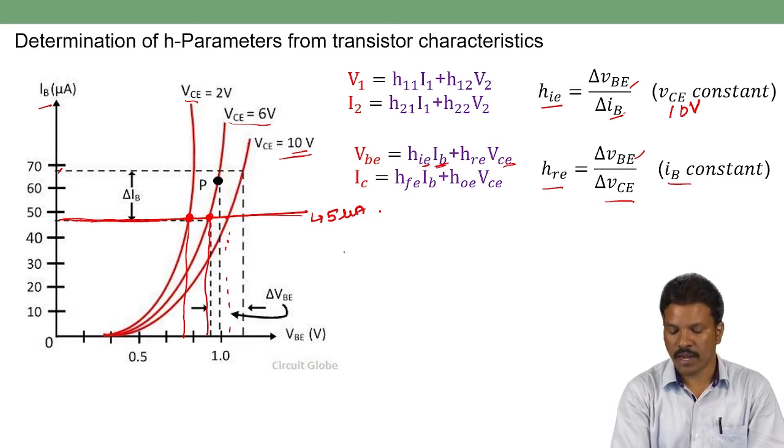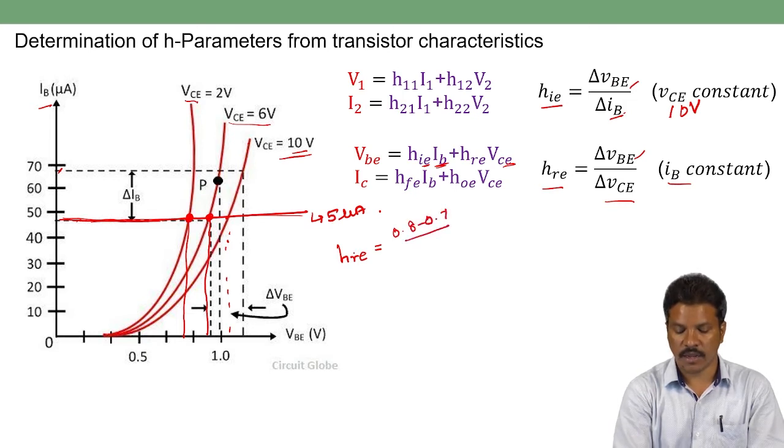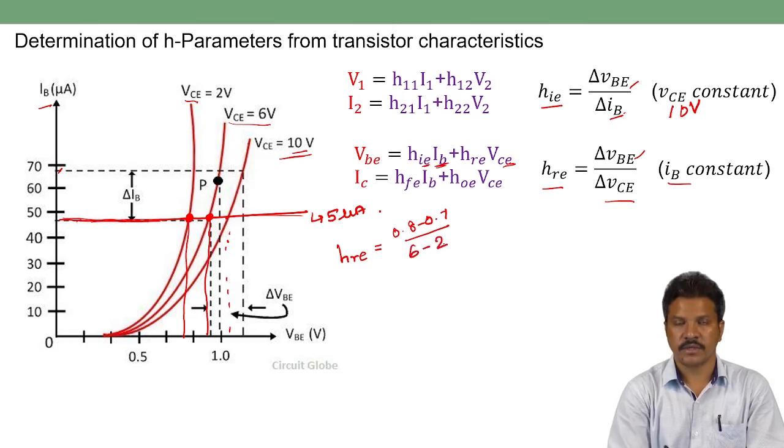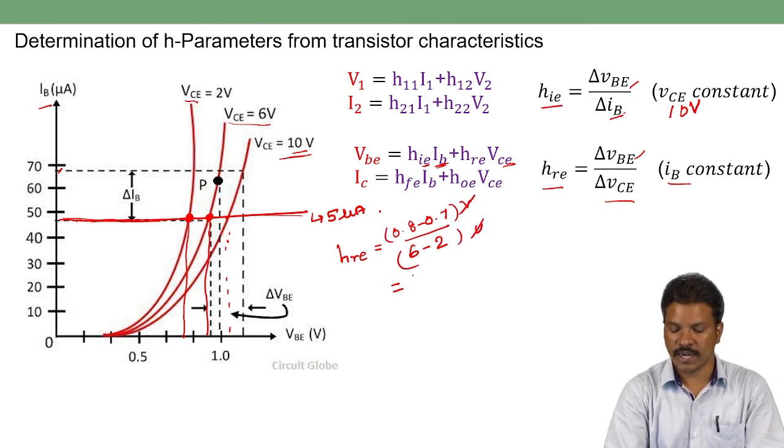So when we calculate this HRE, reverse voltage gain, it is equal to change in voltage, for example 0.8 minus 0.7, divided by the corresponding voltage 6 minus 2 volts. Input is in volts and output is also in volts, so there are no units for the reverse voltage gain. 0.1 divided by 4.